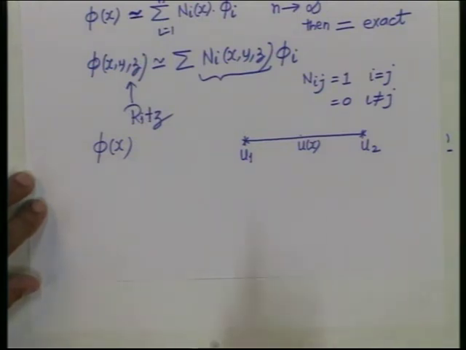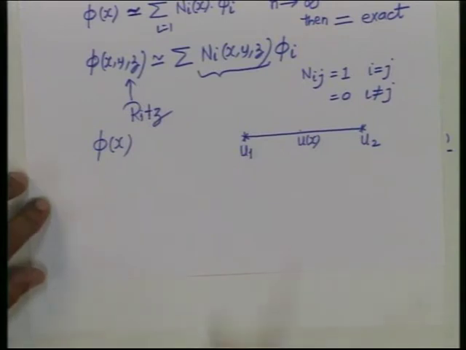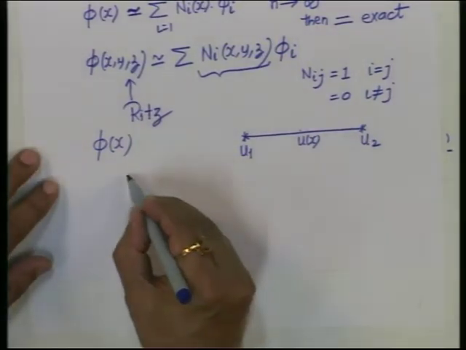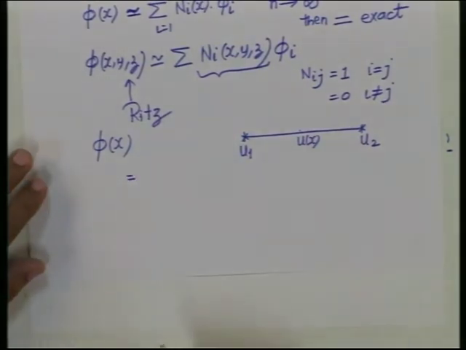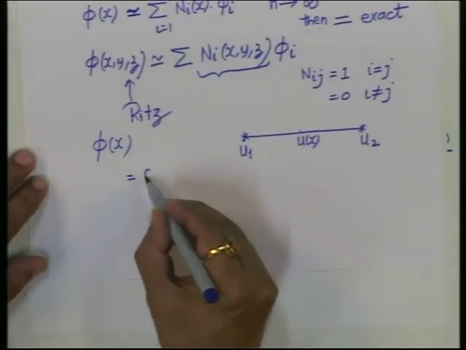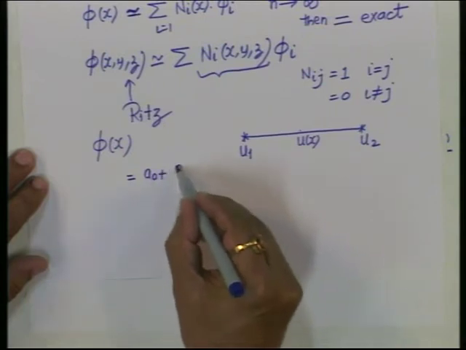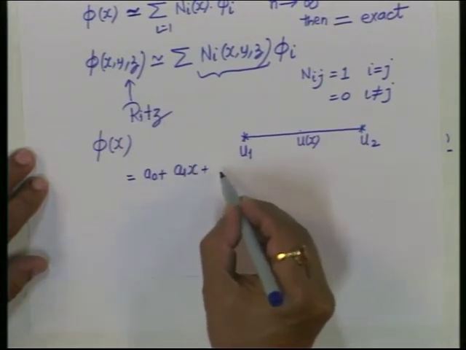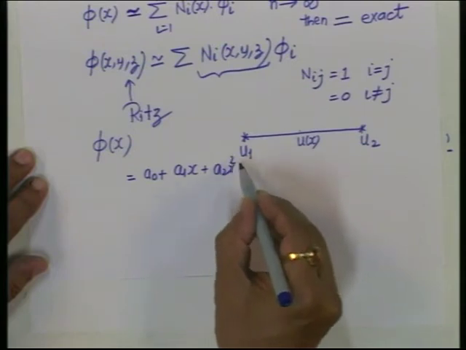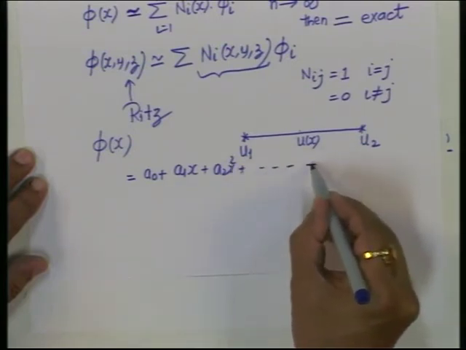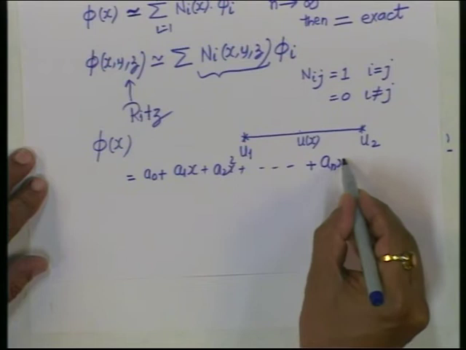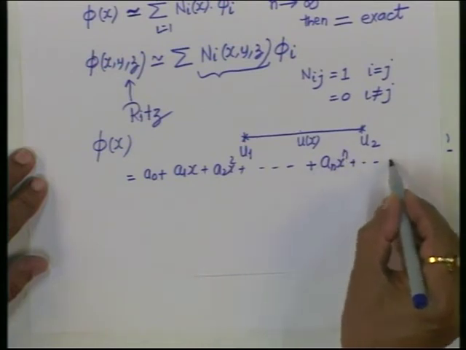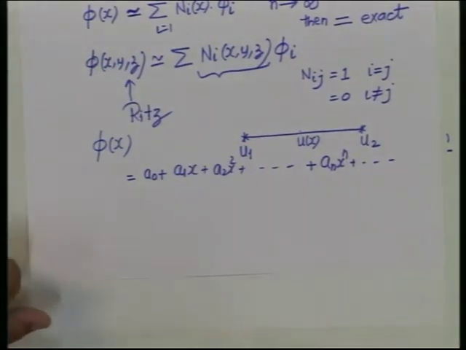Earlier when finite element started, the best way one can think of to represent a function was, yes, you can express a function f(x) as a0 plus a1 x plus a2 x square, and so on. Polynomial is the best way to represent it. Of course, this is infinite. Any function can be represented in this infinite series.